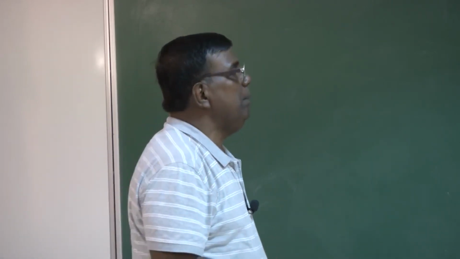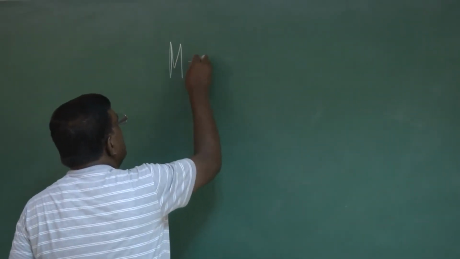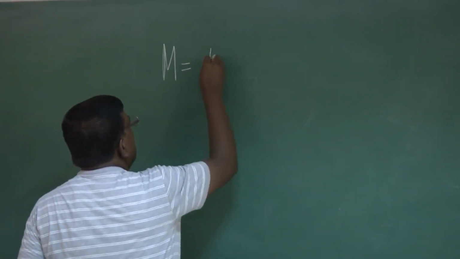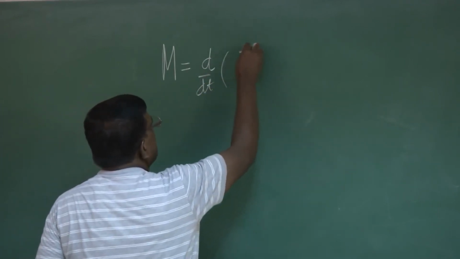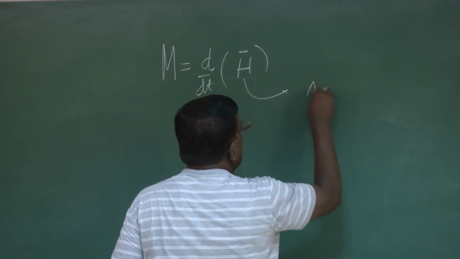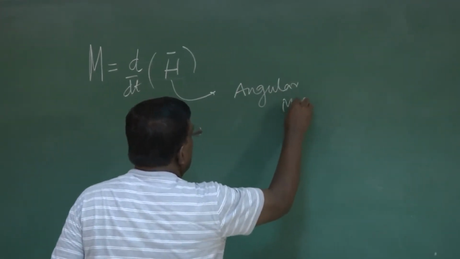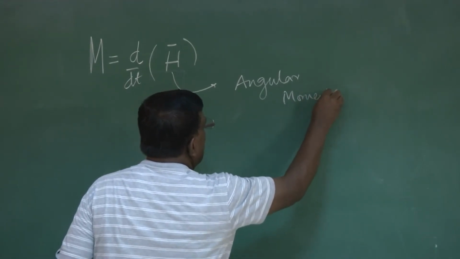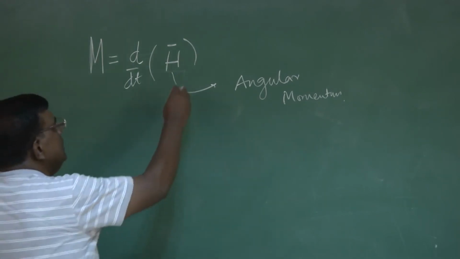So we have to use this equation: external moment M will cause rate of change of angular momentum H. H is the angular momentum. Please understand, we are all operating with respect to the inertial frame. Okay?